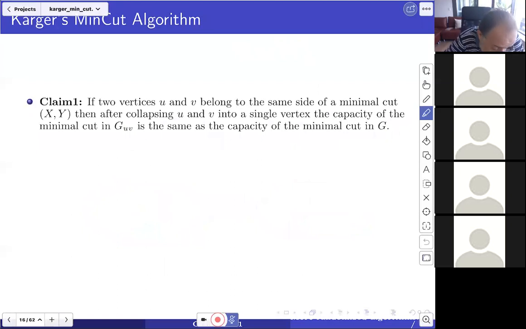If two vertices U and V belong to the same side of a min cut, X Y, then after collapsing U and V into a single vertex, the capacity of the minimal cut in G_uv is exactly the same as the capacity of the minimal cut in G.